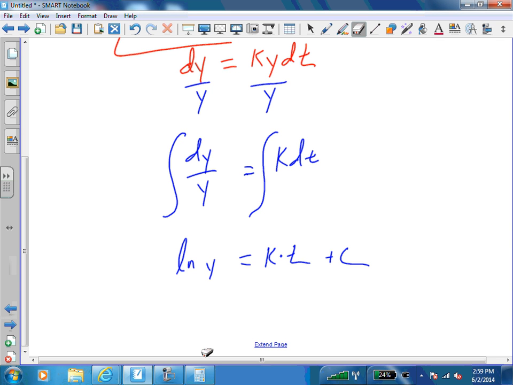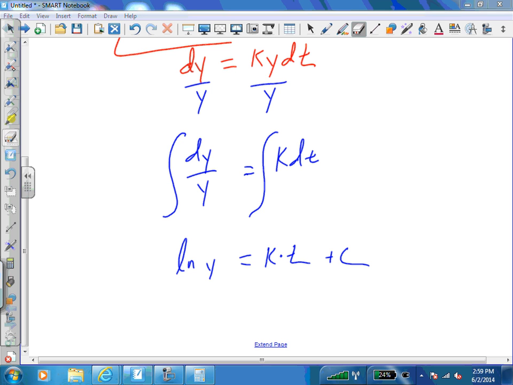Okay. We want to solve this equation for y. So we want y by itself on this side. Anybody have a suggestion of what we can do to both sides to get rid of the natural log here? Exactly. Do e to that power on both sides.